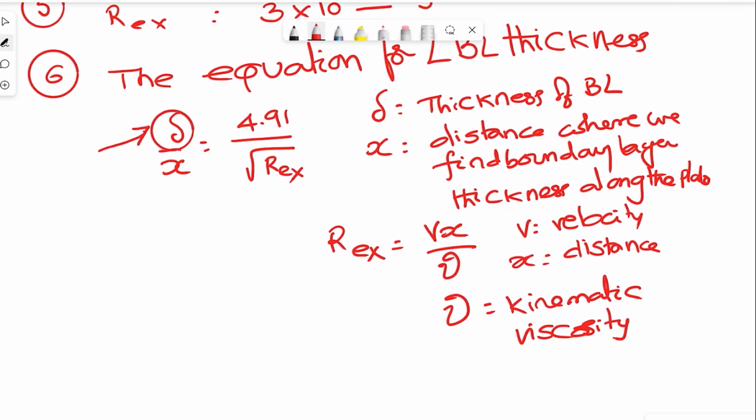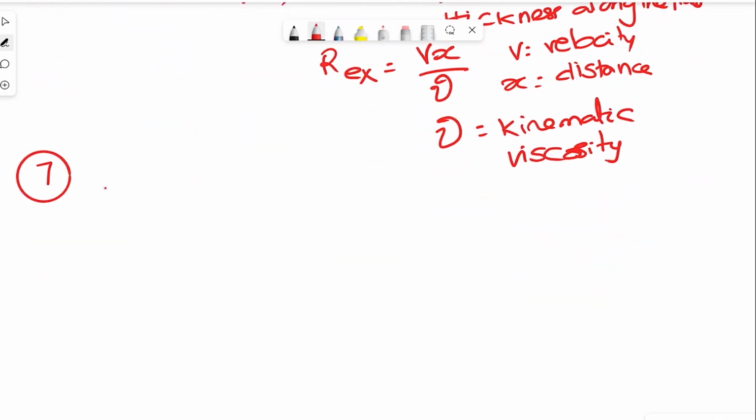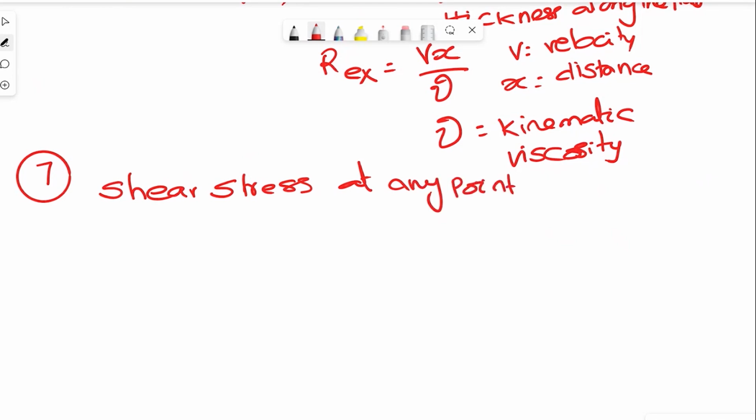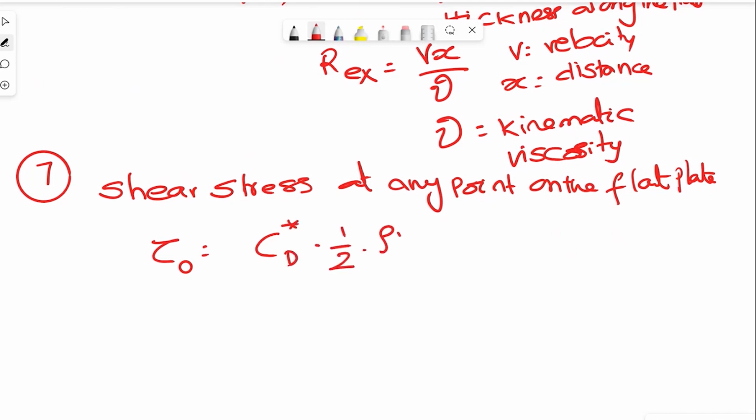So using this equation, we can find out what is delta. This is our objective. Then coming to the next point, the shear stress at any point, right? At any point on the flat plate, that is tau naught is equal to CD star into half rho V square.